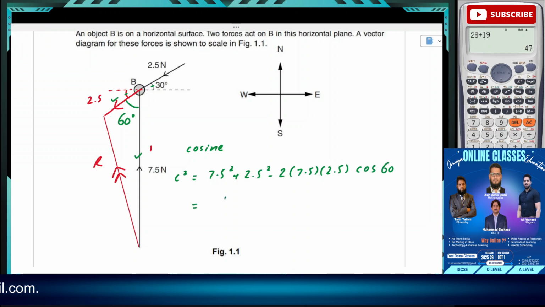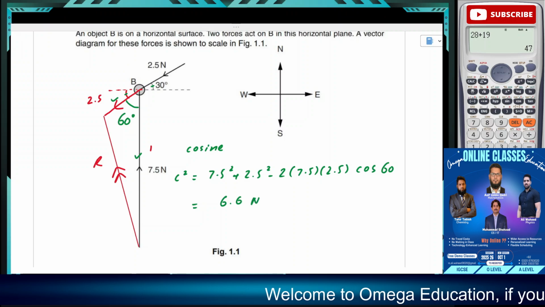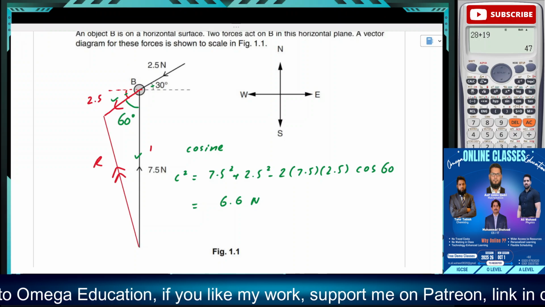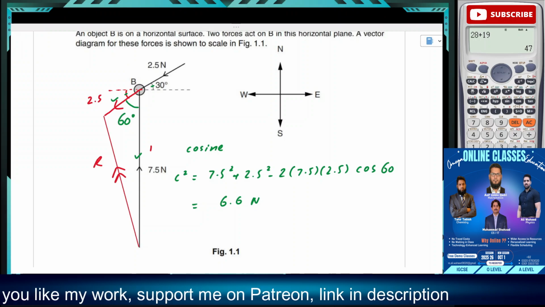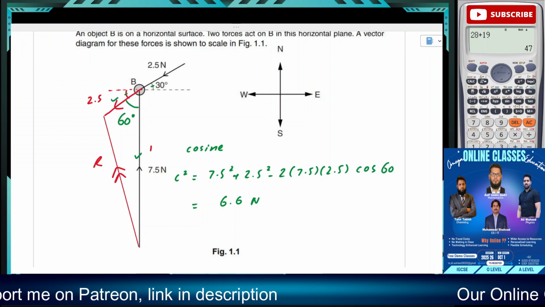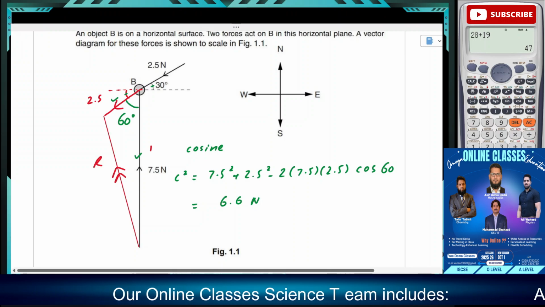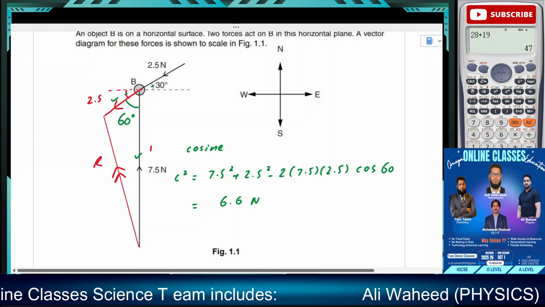Whatever the answer is, take square root of it. In 2SF, you'll be getting 6.6. All right, or you can use the scale drawing method. The scale drawing method is there, and matter of fact, there's a method of using the components. Any of the methods could be used.